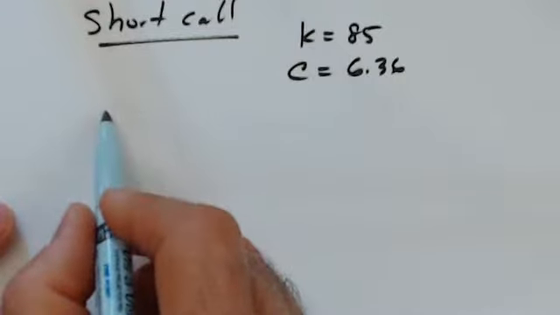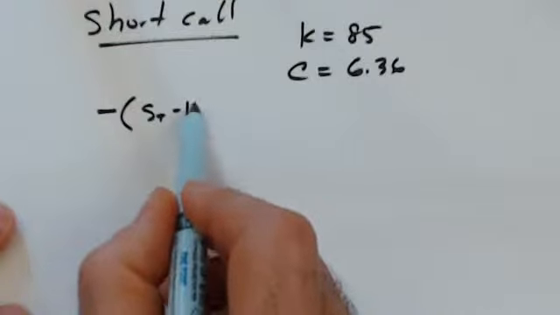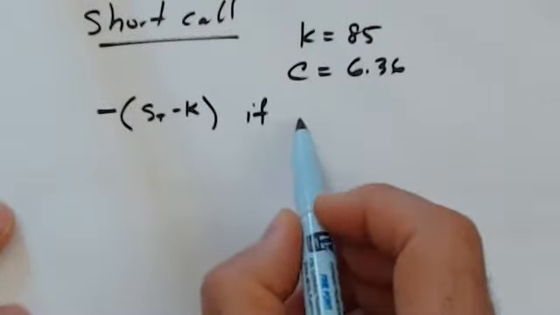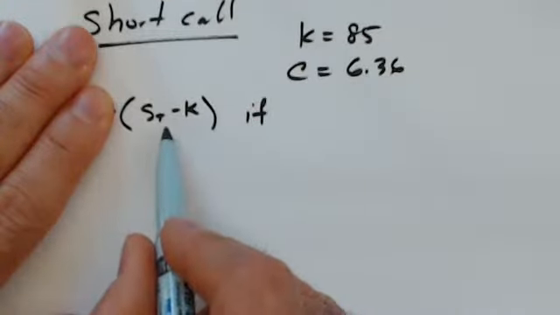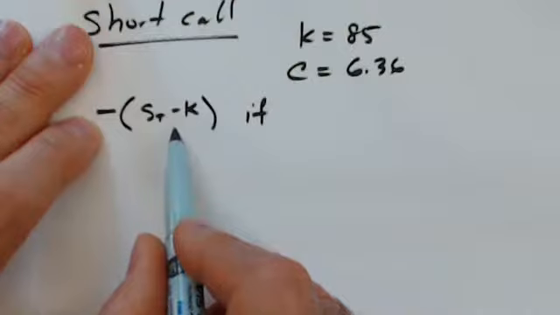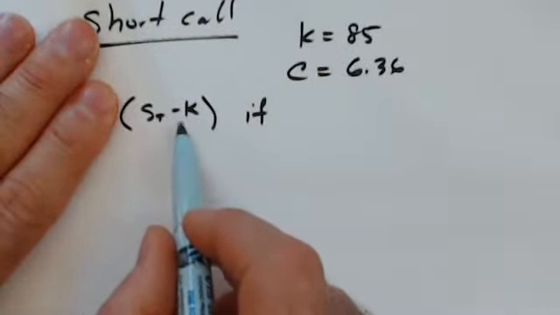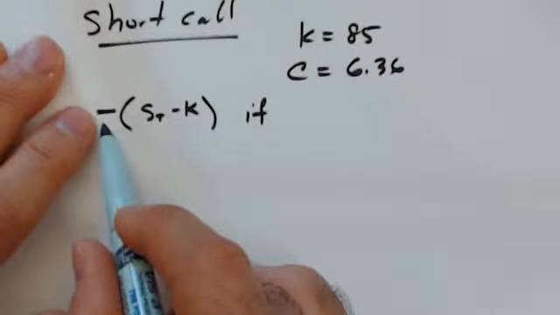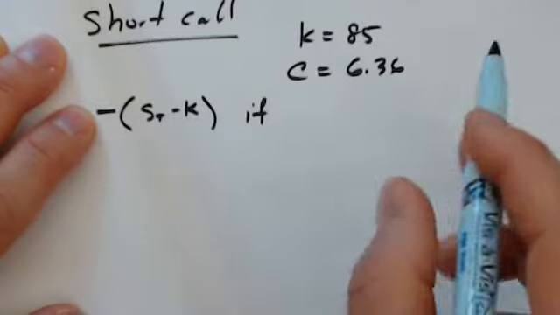algebraically the payoffs here. The payoff to a short call looks exactly like the payoff to the long call. This is the payoff to the long call, but it's with a negative sign in front of it, because what the long wins, gains or loses, the exact opposite happens with the short call, so that it's a zero-sum game.